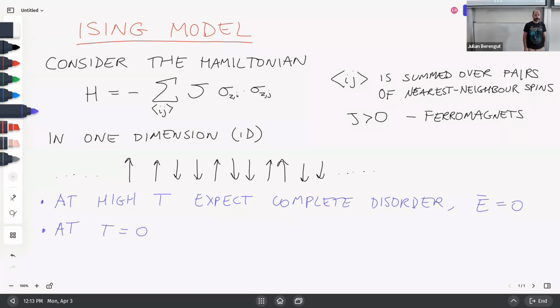All the spins to be aligned. Up or down? There is no magnetic field. It's actually a degenerate ground state. Yeah? They're either all up or they're all down.